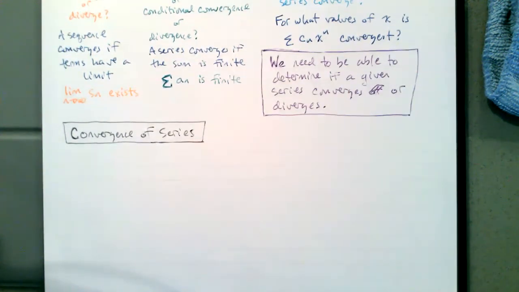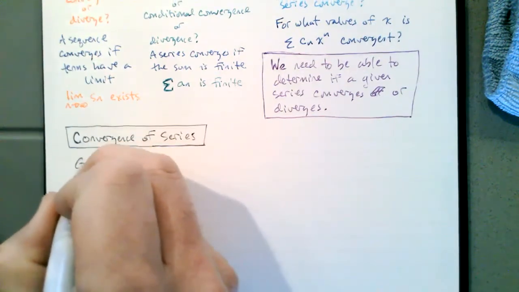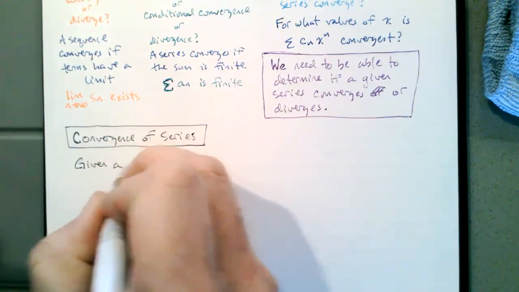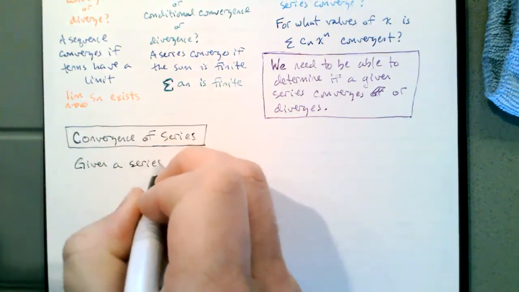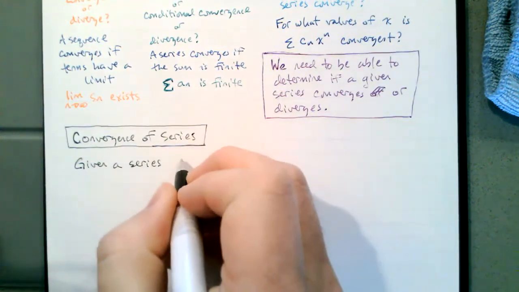Let's talk about convergence of series. The game is going to go like this. Given a series, we've got to get used to the way we're going to abbreviate these things.